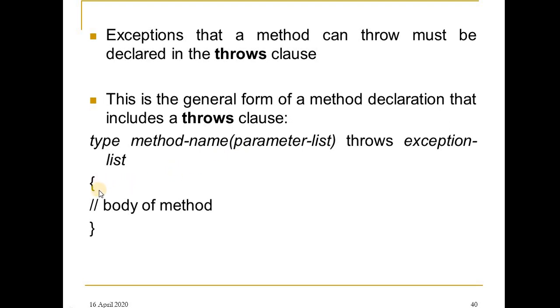Then the opening brace, the body of the method, and the closing brace. After you specify the parameter list and close the bracket, you use the keyword throws, and the exception list is a comma separated list of exceptions that this method will throw. We will understand it clearly when we go through the example.